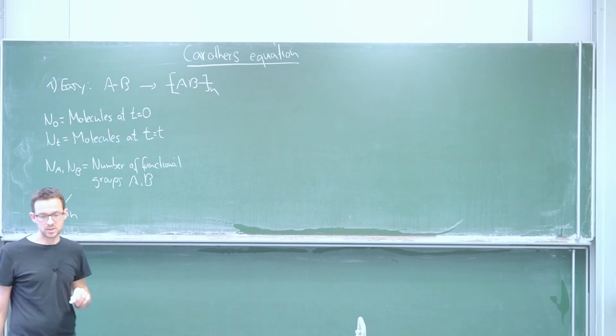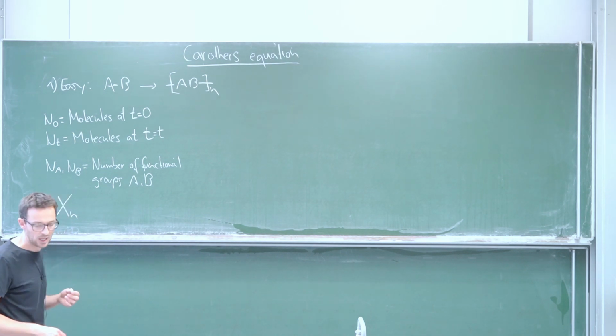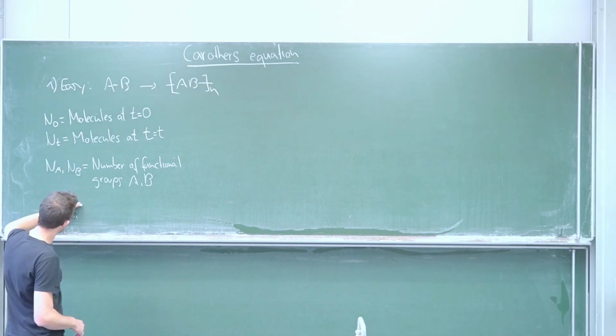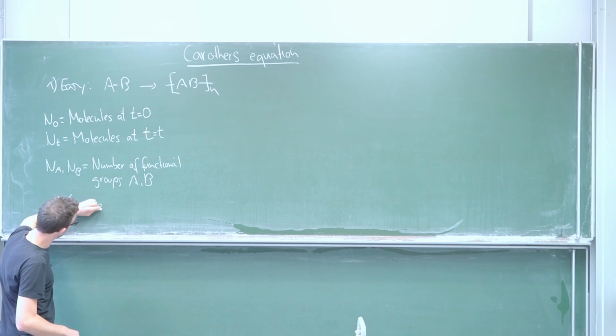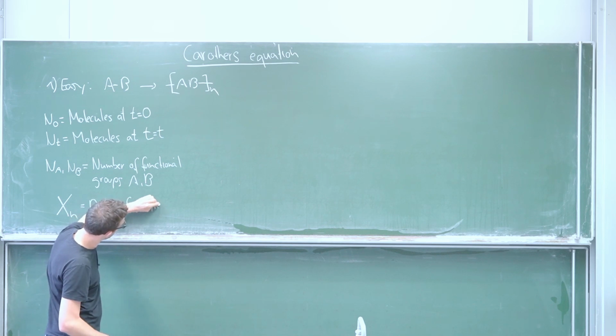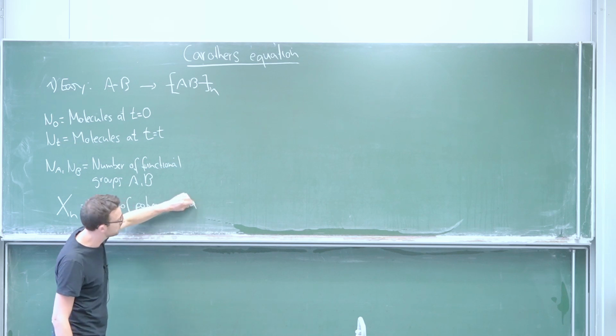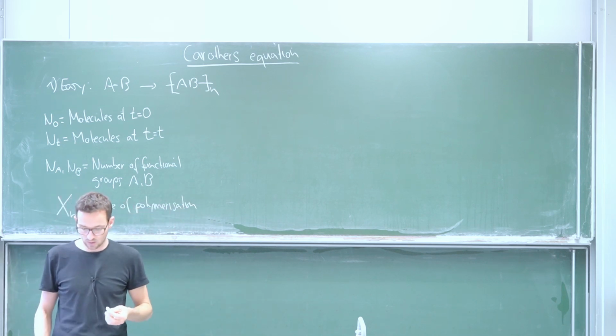And Xn is the degree of polymerization, so how long the polymer chains are. So the average chain length in our material.